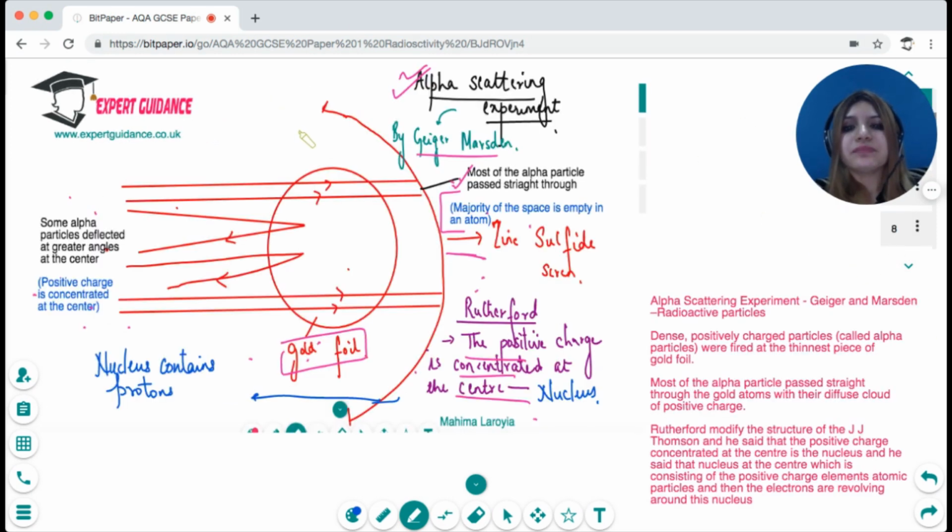But what Rutherford found was in an experiment done by Geiger and Marsden. When they passed the alpha particles through the gold foil, they saw that most of the alpha particles passed straight through, and some showed deflection at a very great angle, and that was just at the center.